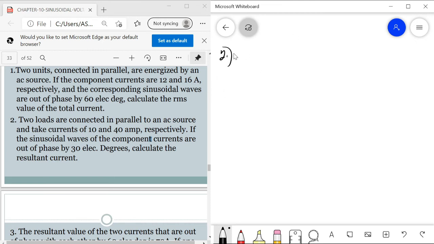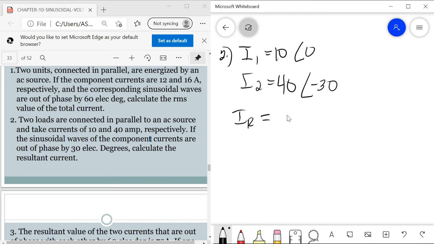So, we have two currents, I1, let's say this is 10. I2 is 40 and they are out of phase by 30 electrical degrees. So, try naman natin yung lagging yung I2. Kanina, leading yung I2. Ngayon naman, try natin na lagging. So, negative 30, this is angle 0. If we add these two, IR will be equal to, you just input this in your calculator, plus 40 angle negative 30.